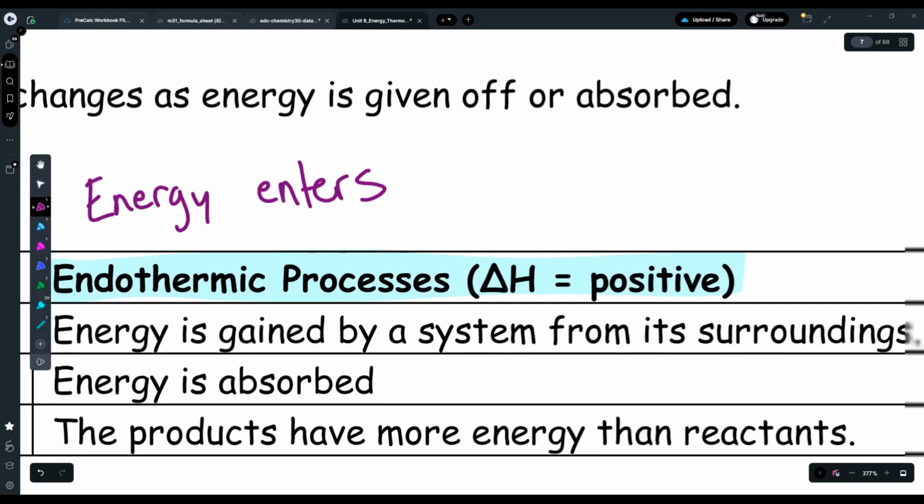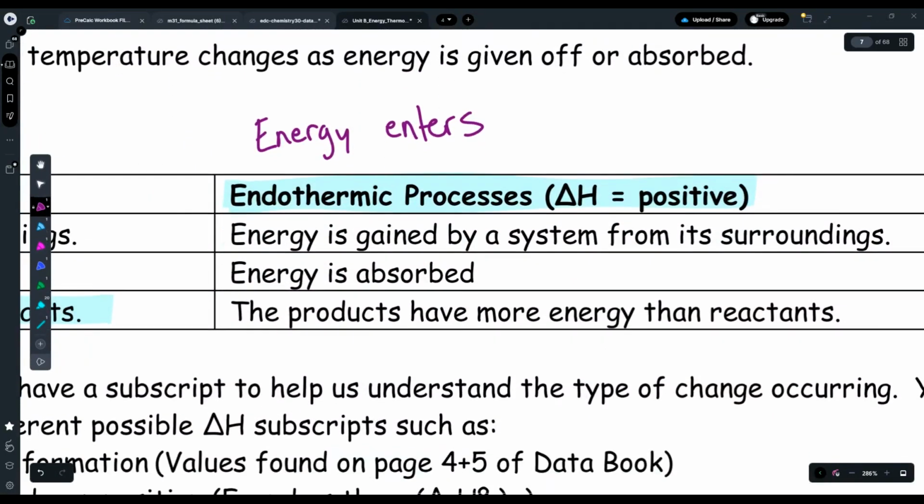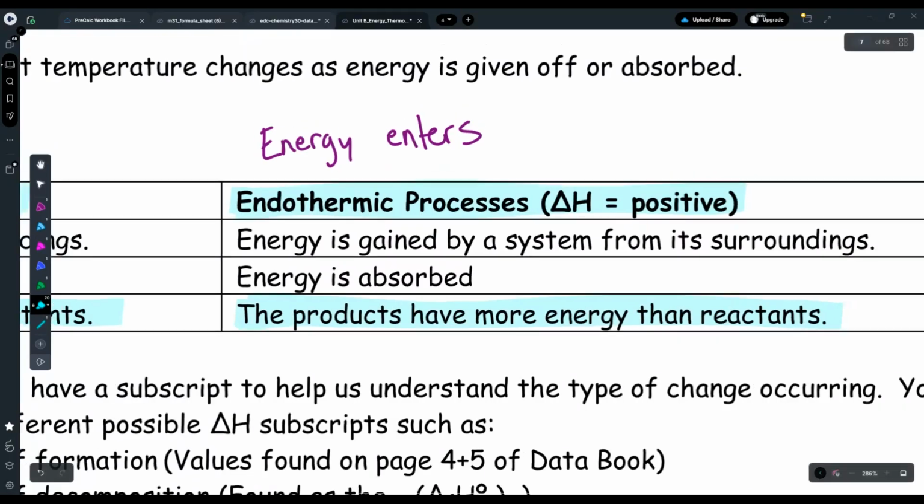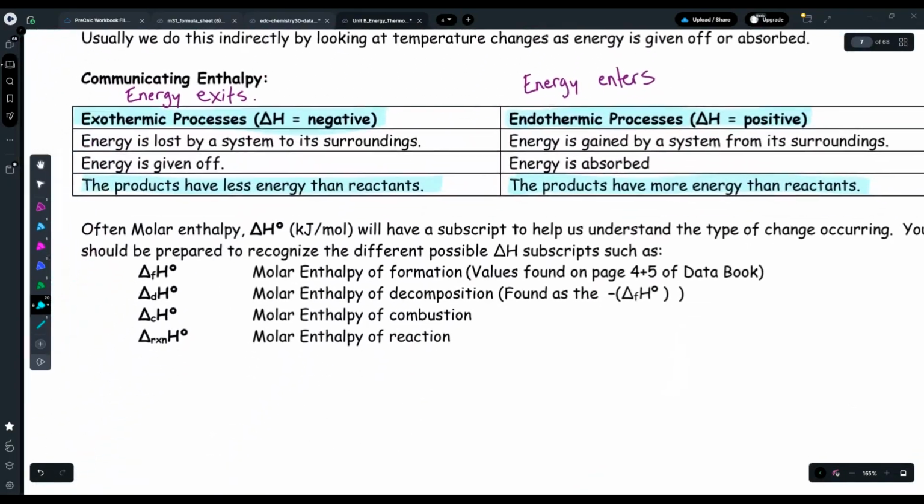Energy is absorbed, and if you're looking at a potential energy diagram, which we will get to later, the products are going to have more energy than the reactants.